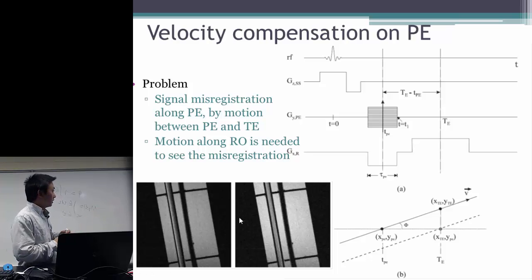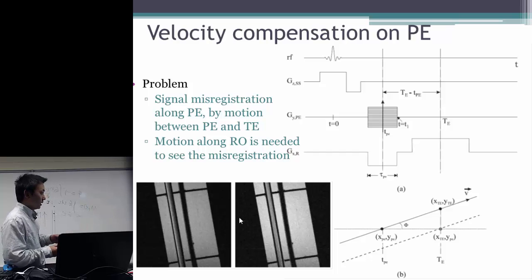Because if it's not tilted, if it's perfectly along the phase encoding direction, and we have a long enough tube here, then even though this spin will be misregistered to here, it will not affect anything in the magnitude, because this point will be filled up by the spin at this point. So you will still see the whole original signal.